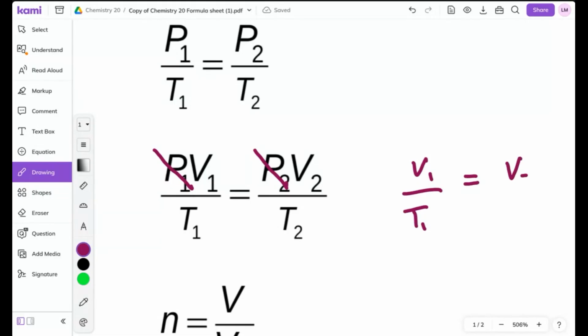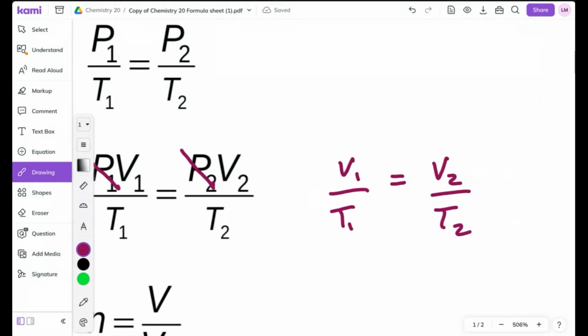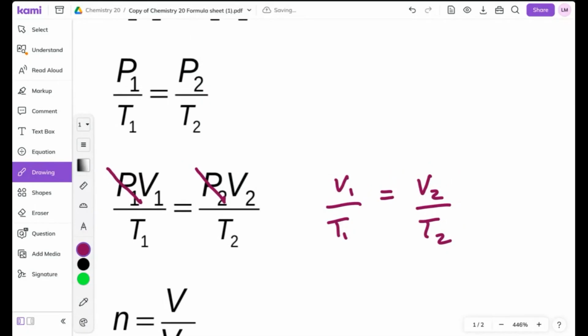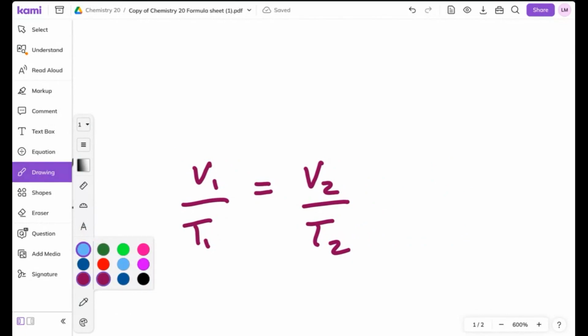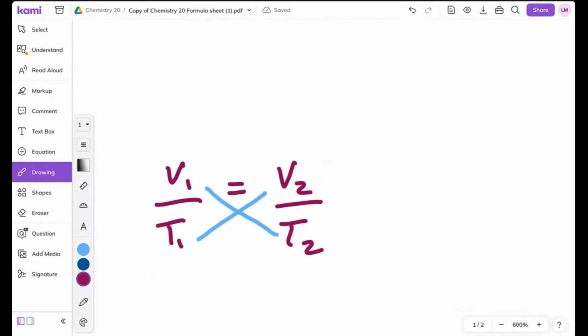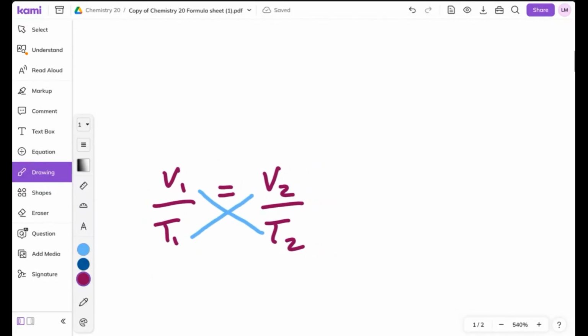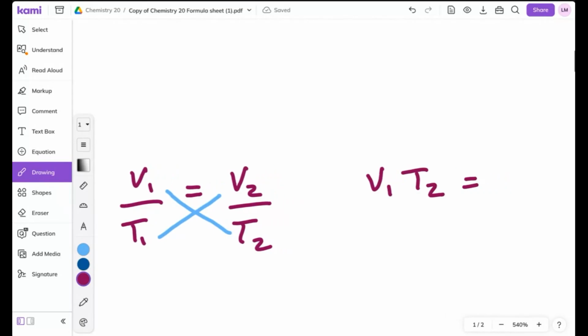Albeit it's the one with fractions in it, which I find students have a little bit more difficult time rearranging. However, if you just cross multiply, then you can get the second version of Charles's law, which I find students have an easier time with. So V1 times T2 is equal to V2 times T1.